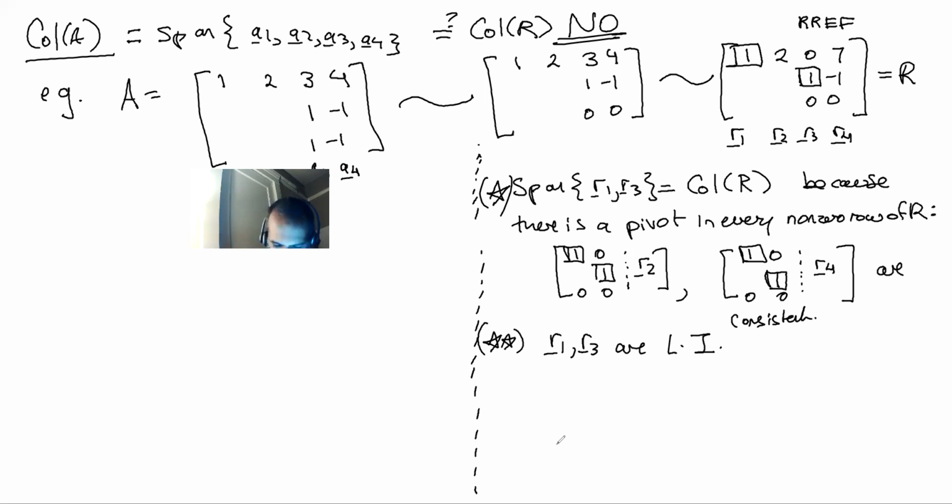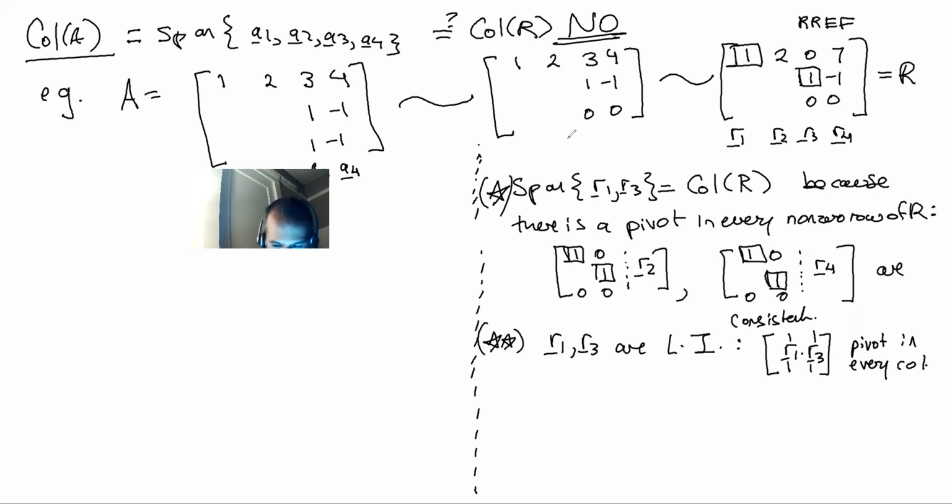For example, if you look at the matrix with these as columns, there's a pivot in every column. Remember, linear independence is the same as having a pivot in every column. So indeed R1 and R3 are a basis of the column space of R.